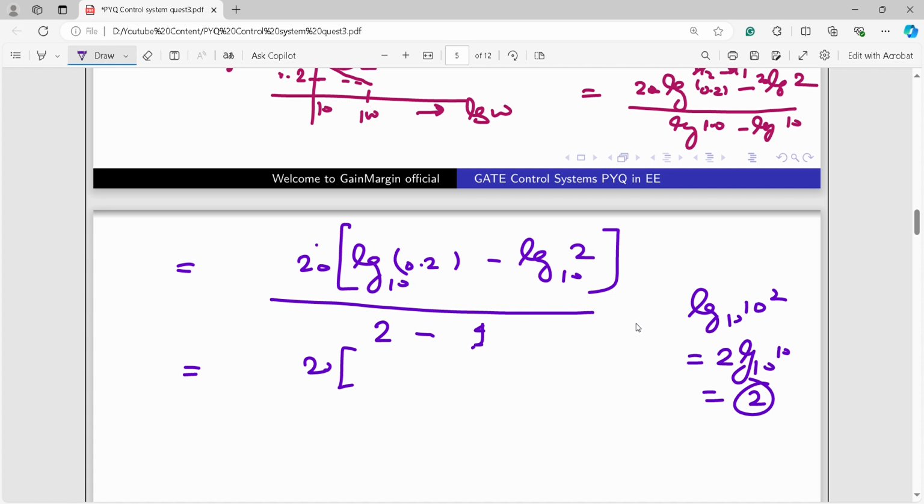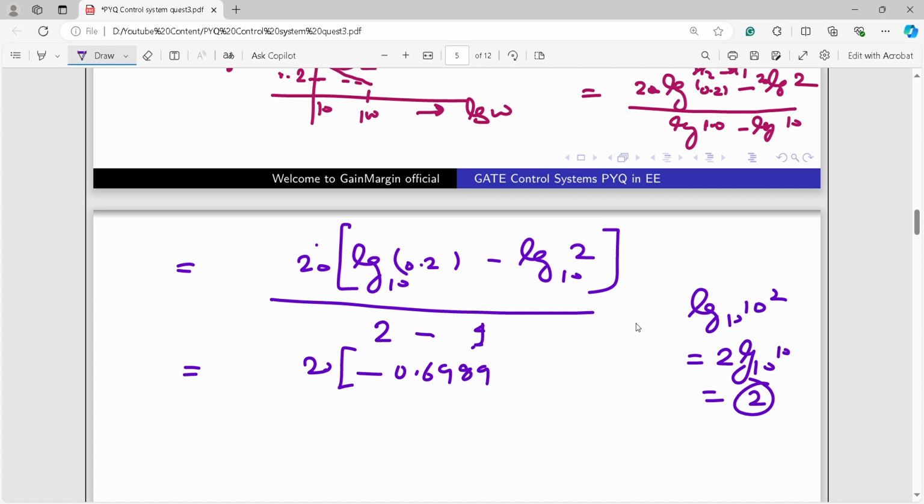Log 0.2. So this is coming minus 0.6989.